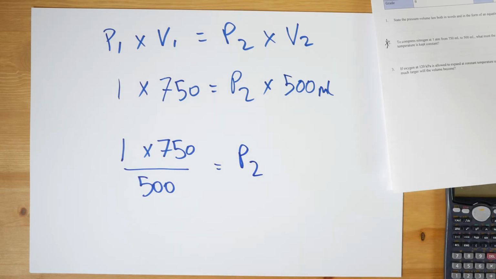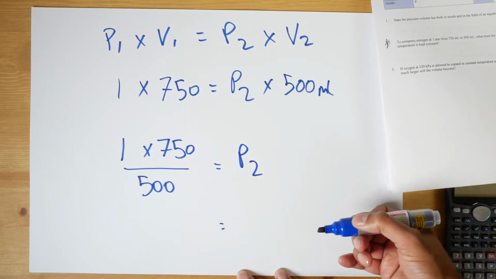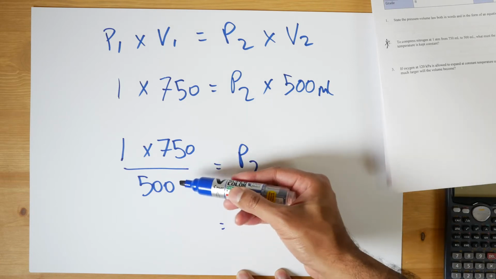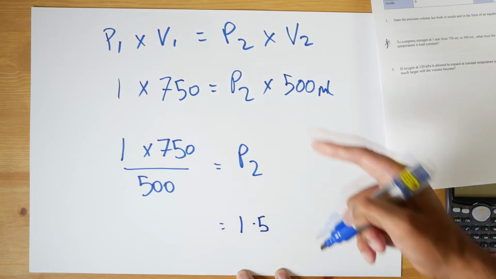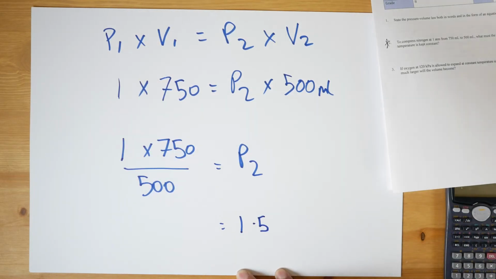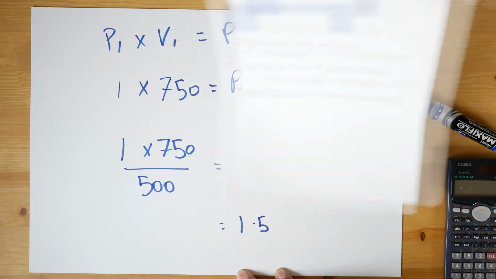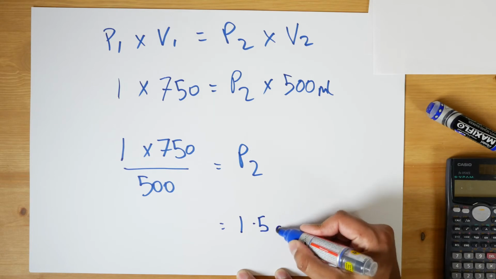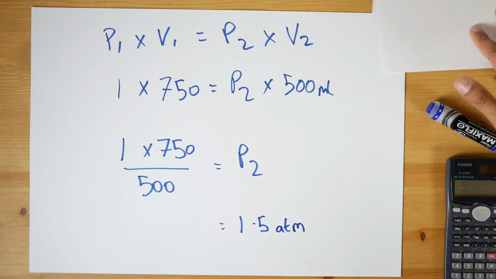So let's work this out. 1 times 750 is 750, divided by 500, and that's going to give us 1.5. We have to use the same unit as we had for P1, and if you look at the question, it was atm. Atm is atmosphere, so 1.5 atm. Simple enough, straightforward enough.